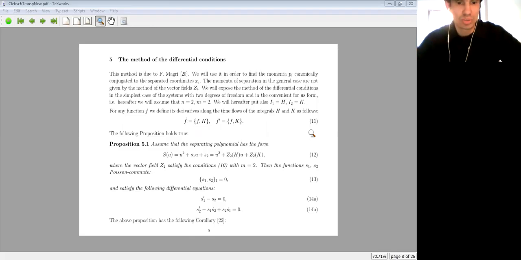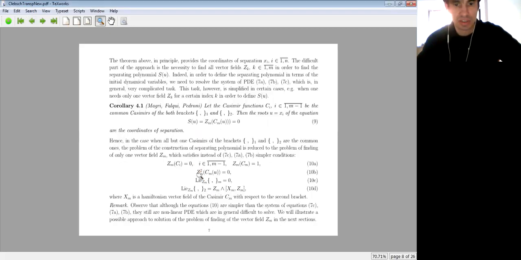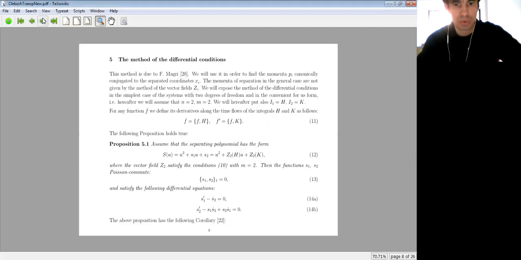The following proposition holds true. Assume that our separating polynomial has the form 12, with the vector field zeta 2 satisfying condition 10, that is, this condition with m equal to 2.